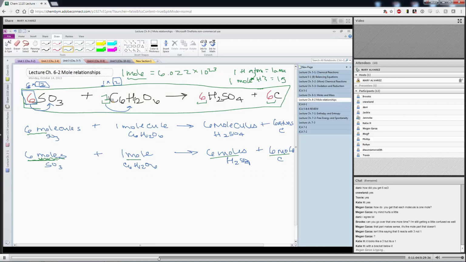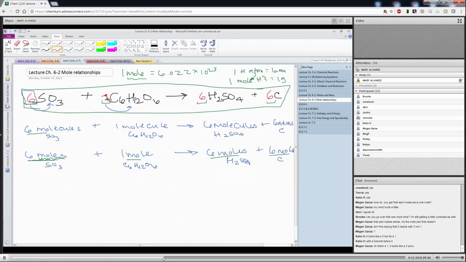It looks like it's a 3. Hang on a second. Be back up here. This is a 1, right? Should be a 1. Yes, it's a 1. It couldn't be a 3. That wouldn't make any sense.